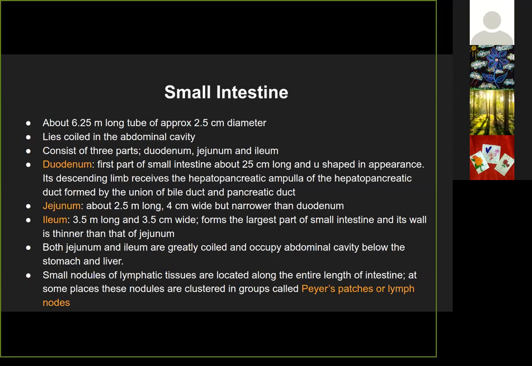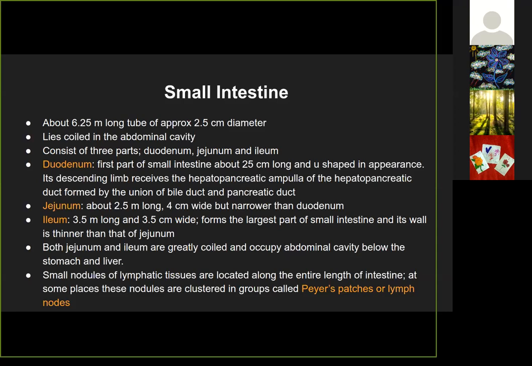This lies in coiled form throughout the abdominal cavity. It is just stuffed inside so that it can fill in a pouch or cavity-like space, which is the abdominal cavity. Now, this consists of three parts.